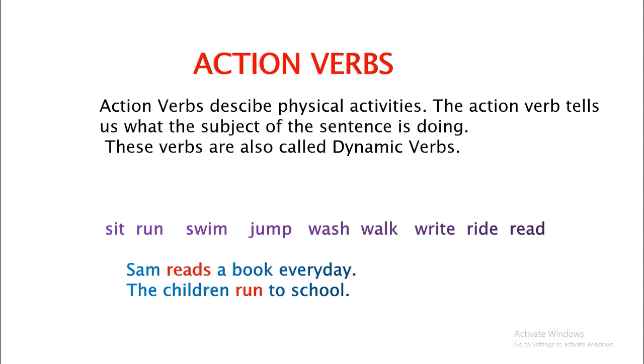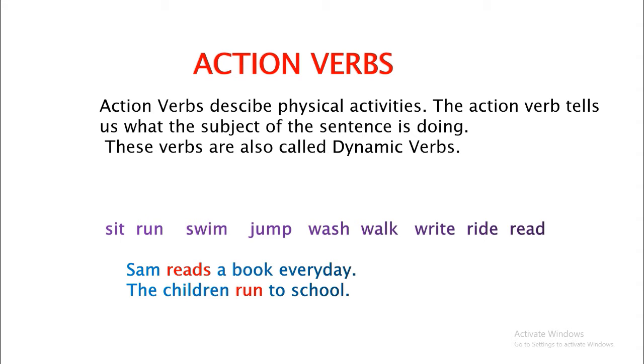Action verbs. From the name itself, you can get the idea that action verbs describe an action. An action verb describes physical activities, actions which we perform physically. The action verbs tell us what the subject of the sentence is doing.